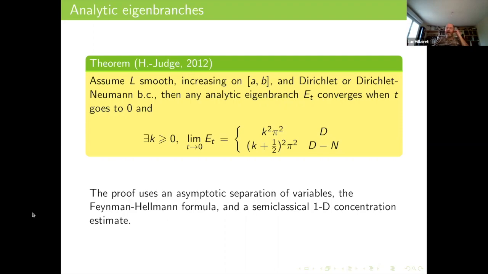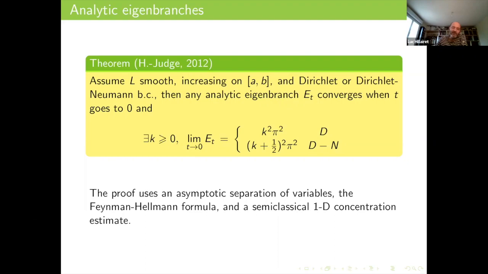And so I will sketch a proof. I will give more details on this proof later, but I just want to give you an outline here: it uses an asymptotic separation of variables. So we will try to use 1D operators and then use the Feynman-Hellmann formula and the semiclassical concentration estimate.